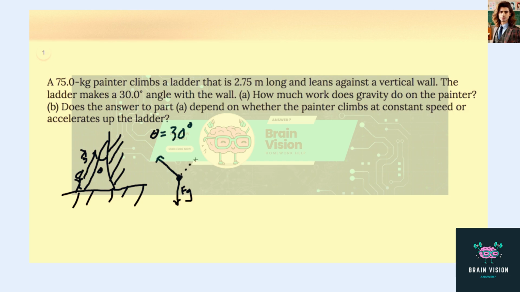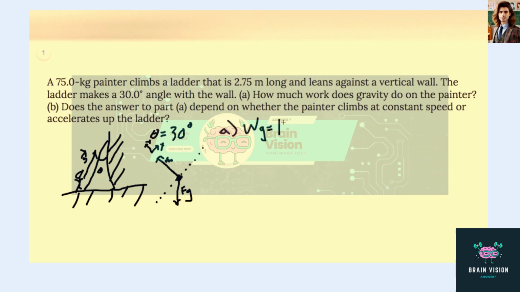So make a small dotted line to represent the plane of our ladder. And I'm going to align my reference frame, in this case, X and Y, with the ladder. So in the first part, A, it's asking us to calculate the work due to the gravitational force.